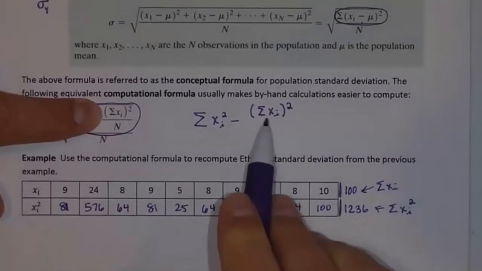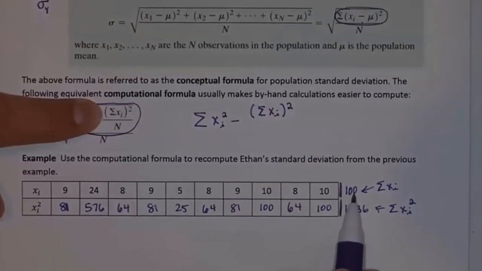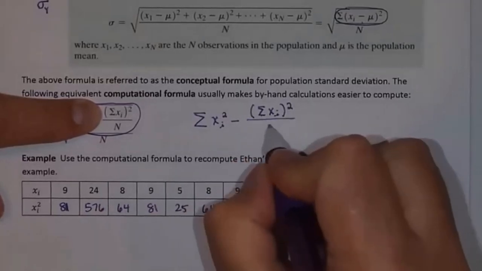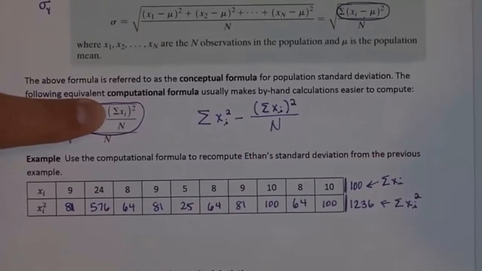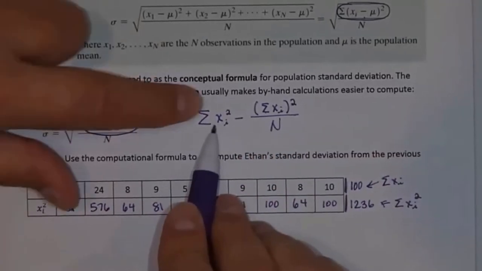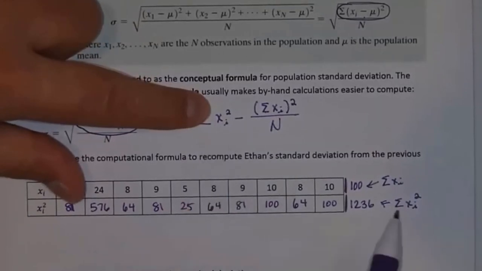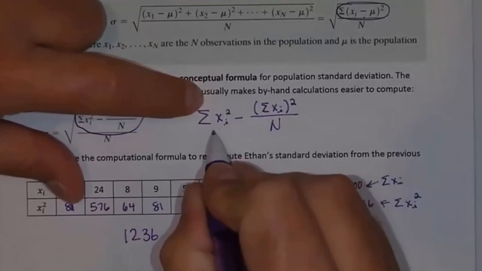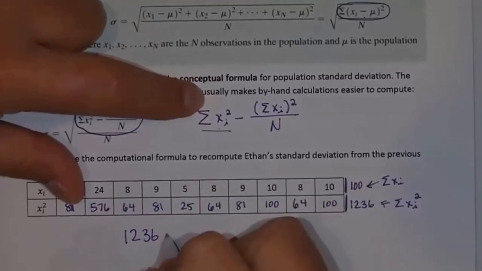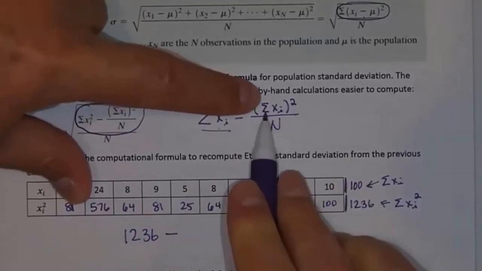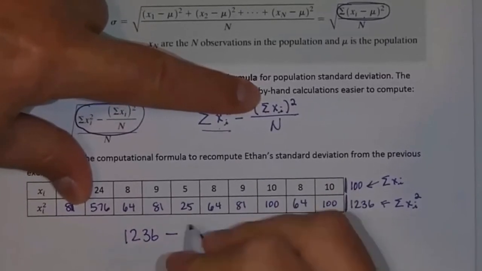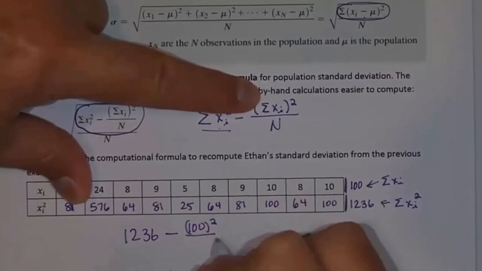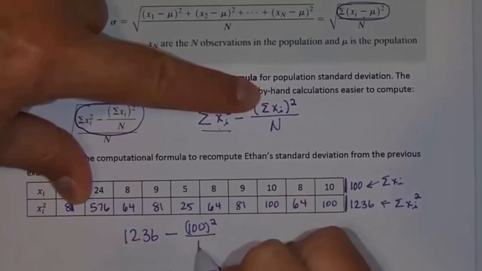So now this is telling me to take that sum of x sub i's and square it and divide by n. So for Ethan, the sum of the x sub i squareds is 1,236. That's this part. I'm going to take that minus the sum of the x sub i's, that's 100, squared, divided by n, which in this case is 10.